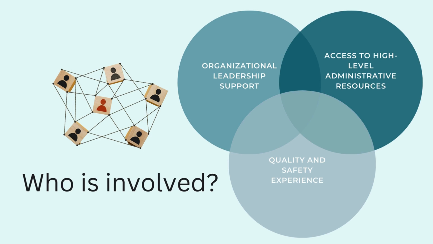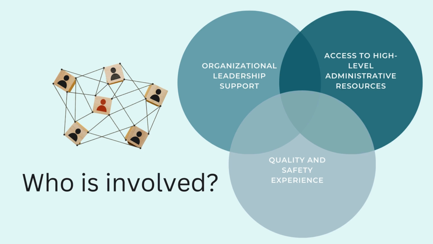Over the next 3 slides, we are going to discuss who should be involved in your PPE auditing. Your organization should identify at least one person to oversee implementation and the maintenance of the PPE auditing program. This person should have the support of the leadership within the organization. They should also be well respected and able to access high-level administrative resources within the organization.